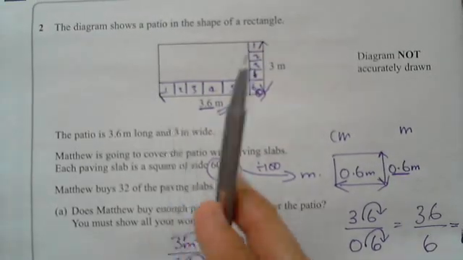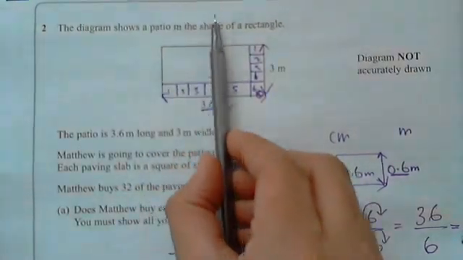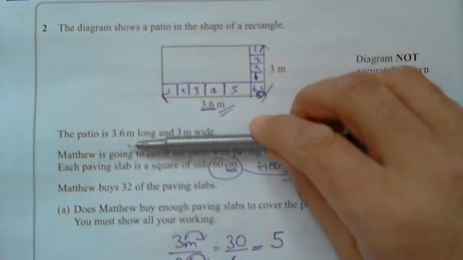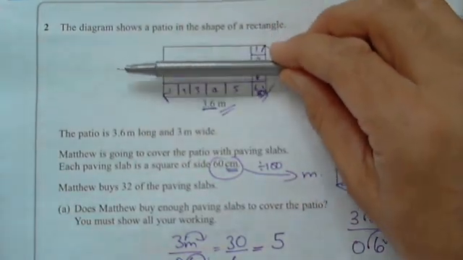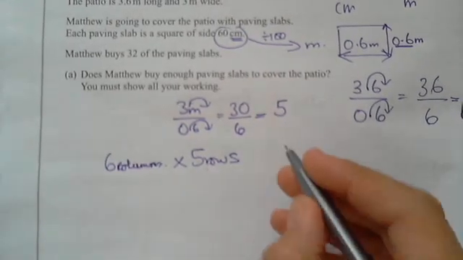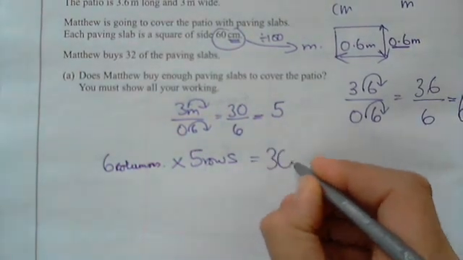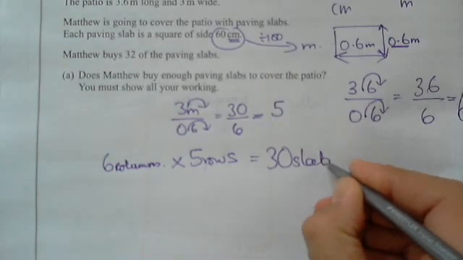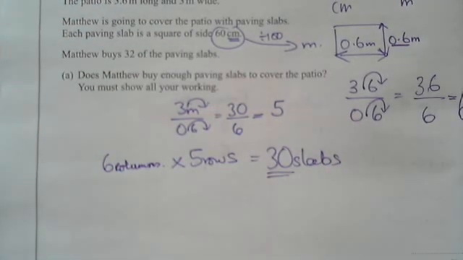So we got here 1, 2, 3, 4, 5, 6. And it's going to happen how many times? 1, 2, 3, 4, 5 times. So that will give us an answer of 30 slabs.